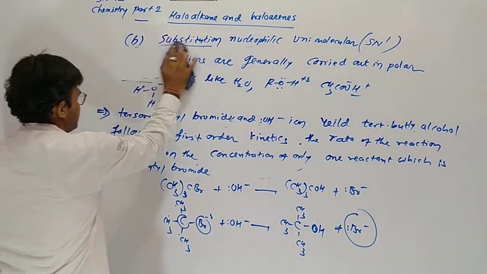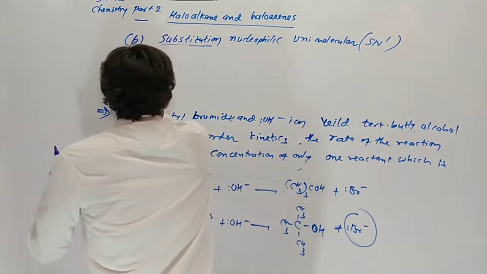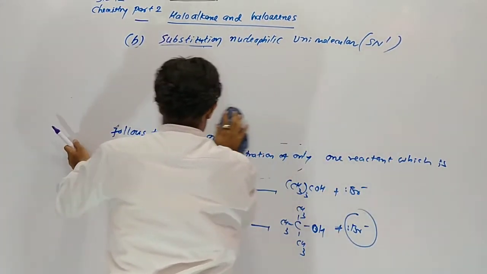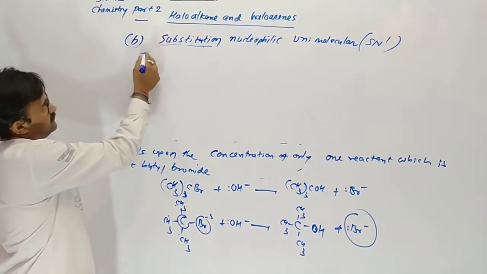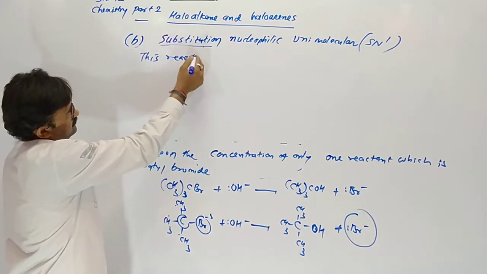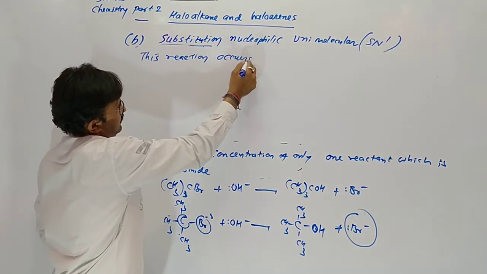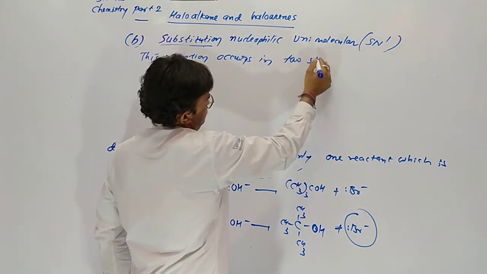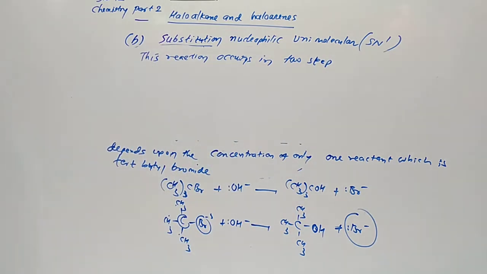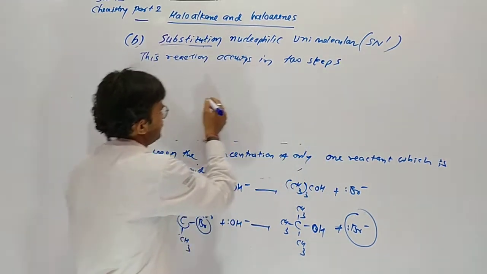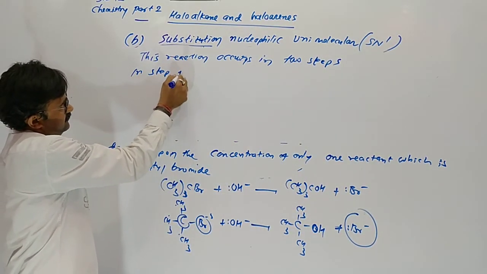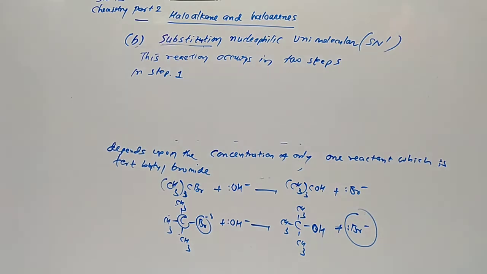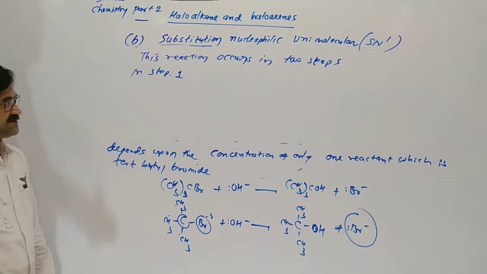This reaction occurs in 2 steps. In step 1, the polarized carbon bromine bond undergoes slow cleavage.